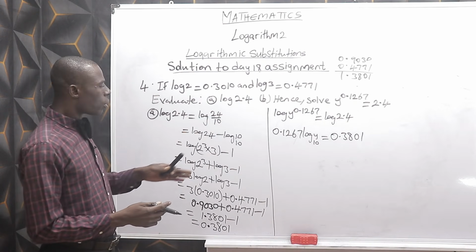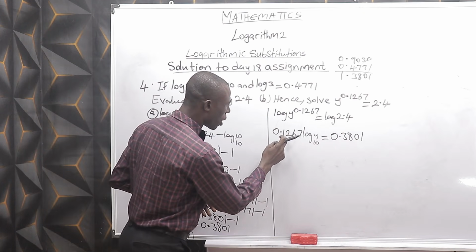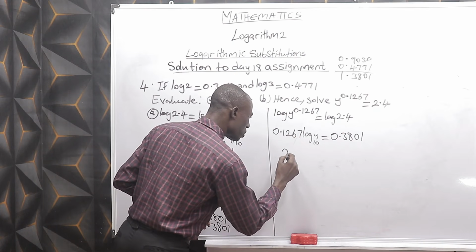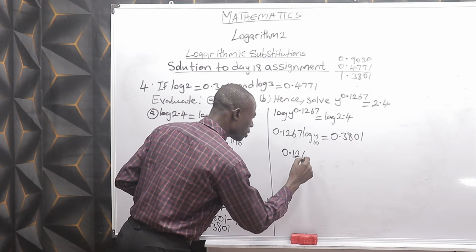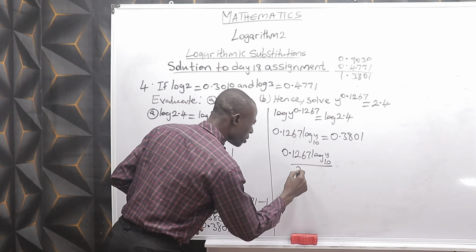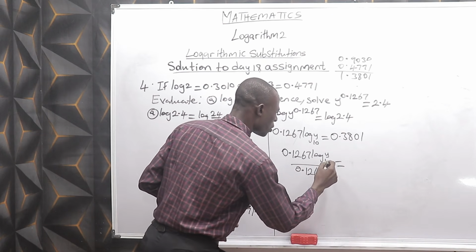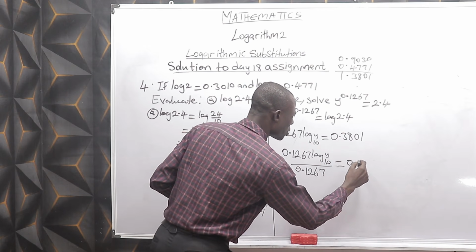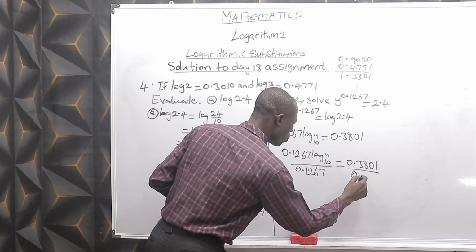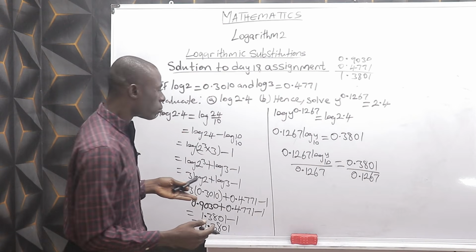So at this level, you divide both sides by 0.1267, which is 0.1267 log y base 10 divided by 0.1267 equals 0.3801 divided by 0.1267. At this level, you use your calculator.